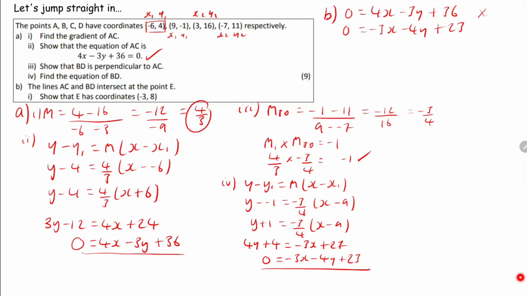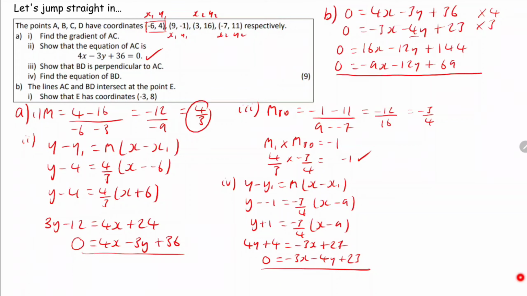So I'm going to times the top equation by 4 and the bottom equation by 3. That gives us two new equations, both with 0 on the left. Times the top equation by 4, that gives you 16x minus 12y plus 144. Times the second equation by 3, that gives you minus 9x minus 12y plus 69.